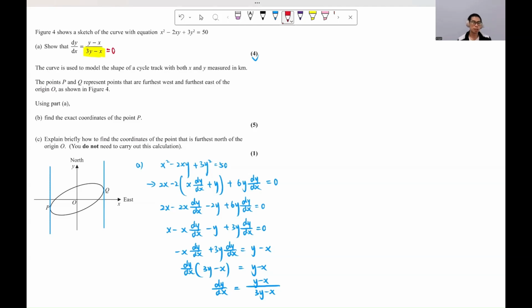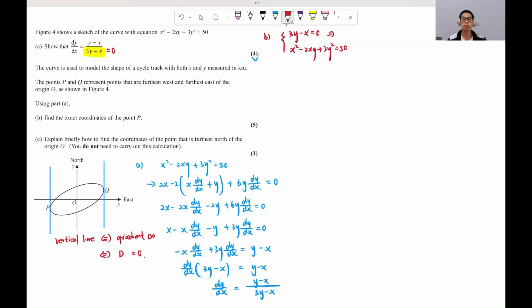So just remember, a vertical line means gradient infinity. So which means the denominator is equal to 0. So just remember that. So in this case, we can just solve the simultaneous equations 3y minus x equal to 0, and x squared minus 2xy plus 3y squared equal to 50.